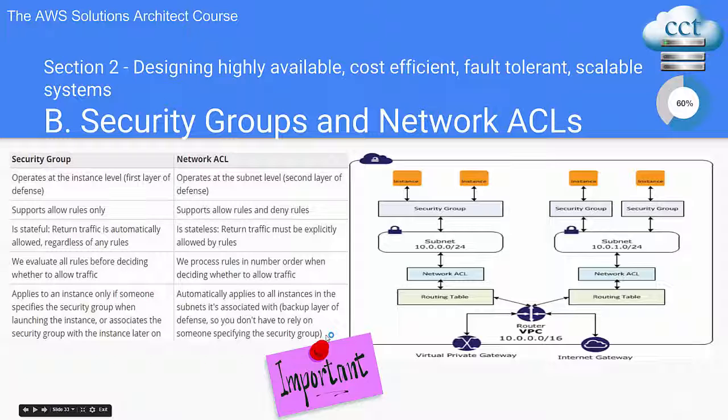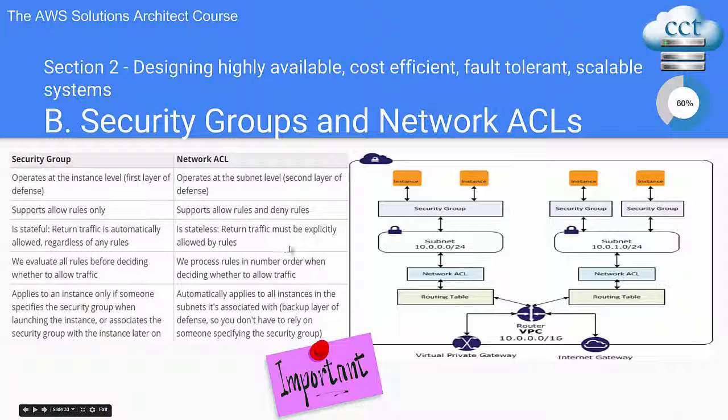So it pretty much automatically applies to all instances in your subnet, whereas with a security group, you have to actually make the rules. We're going to have a quick look at network access control lists.